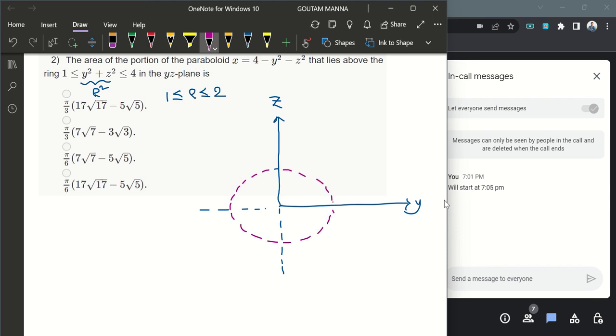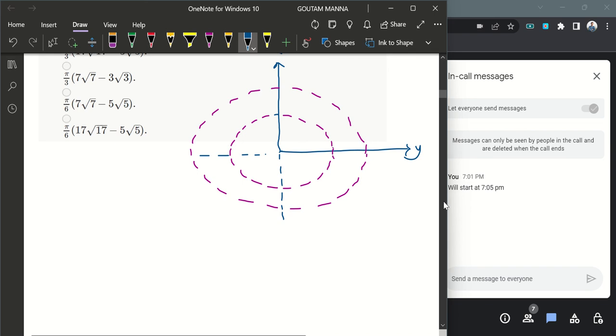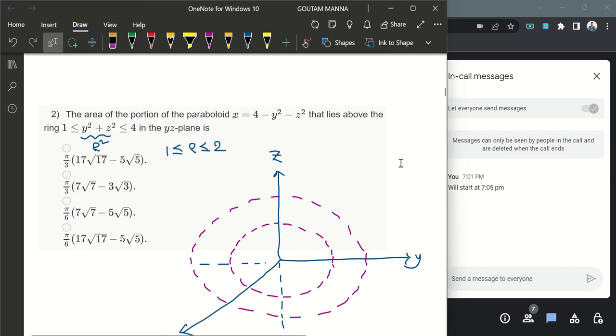So let's say this is a circle of radius 1, and this is a circle of radius 2, and this is the z axis. So the ring is this one, the region inside these two circles.